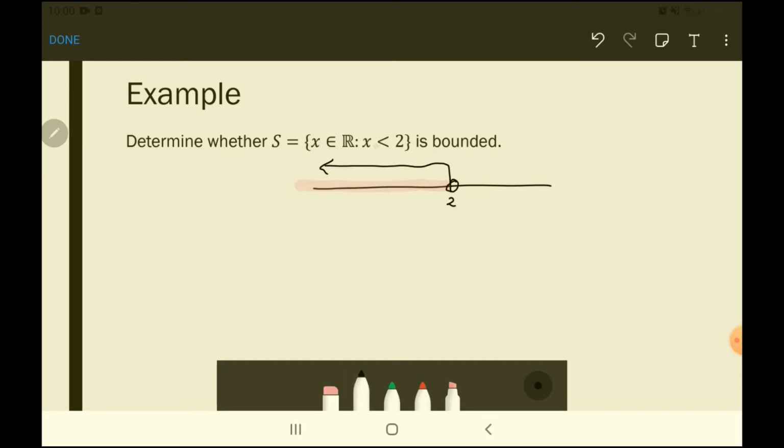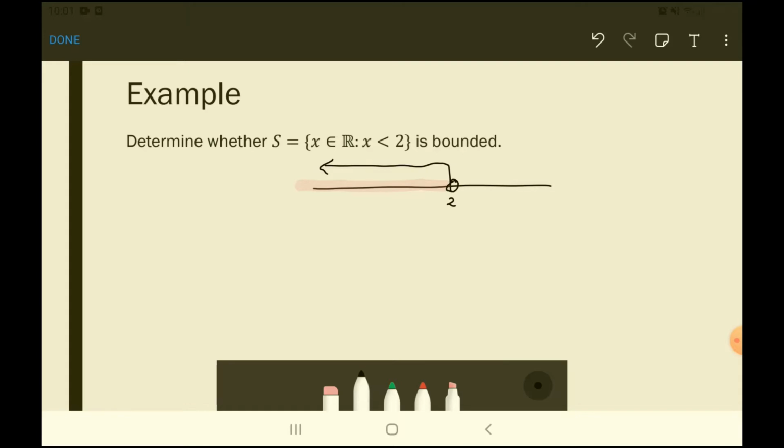As you see, there's x less than 2, so 2 is not included. 2 is not an element of S. Okay? So when you look at the number line here, I believe you will notice that there's an upper bound, but there's no lower bound.